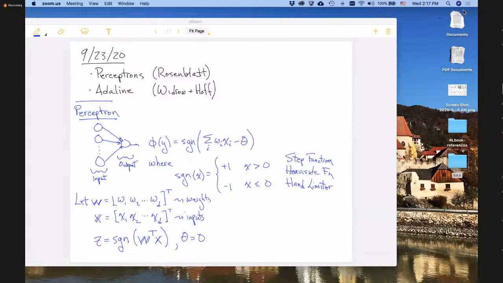Some more notation. Our classification space will either be positive or negative. So we're dealing with a two-class problem again. And we'll see a little bit later how we can relax that.